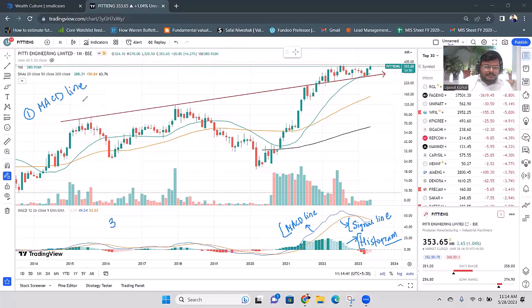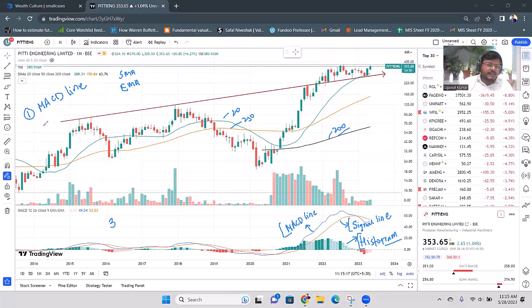Just like we have SMAs, which is simple moving average, we also have EMA, which is exponential moving average, and it is nothing but lines like these. Just like we have this 20, 50, and 200, similarly we have 20, 50, 200 EMAs as well, depending on whatever you want to choose for your trading strategy.